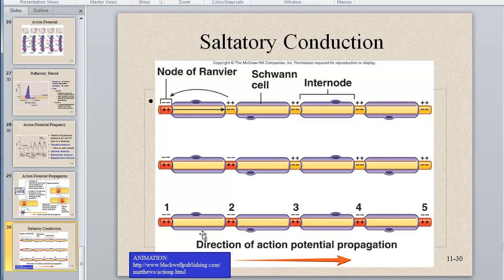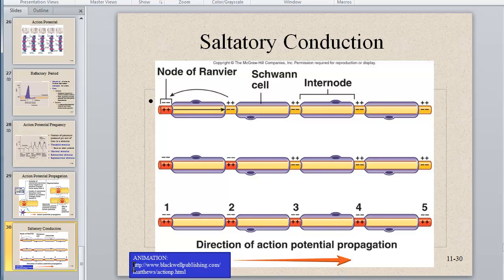So if we have a myelinated axon, we're going to see faster transmission because this changing permeability skips over the portions that are myelinated to those bare sections on the axon, the nodes of Ranvier. So the speed of action potential conduction not only depends on the presence of myelin, but also the thickness of the myelin and the diameter of the axons.